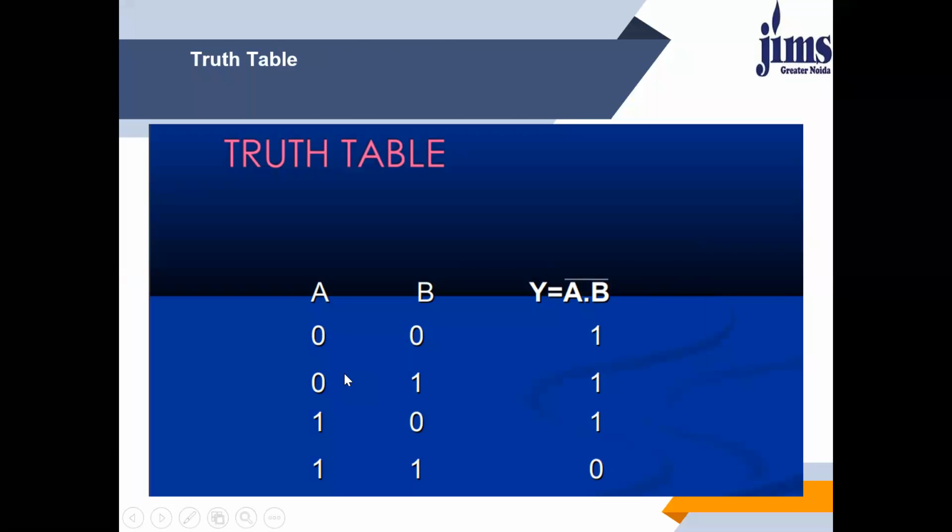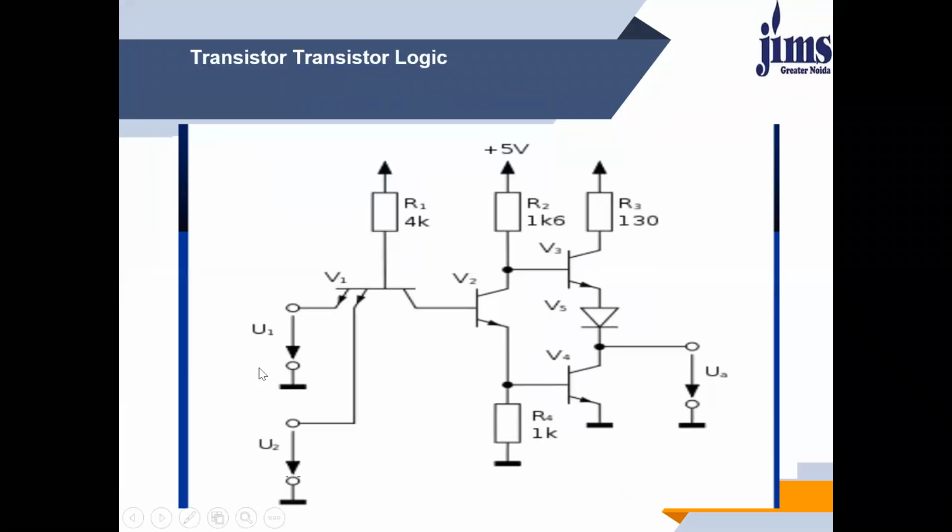Now, if we look into the truth table of this circuit, then we will come to know that this circuit is behaving as a NAND gate. Let's check. Whenever we give 0, 0, then this transistor will not work, so current will flow from this to this side. This transistor will get on.